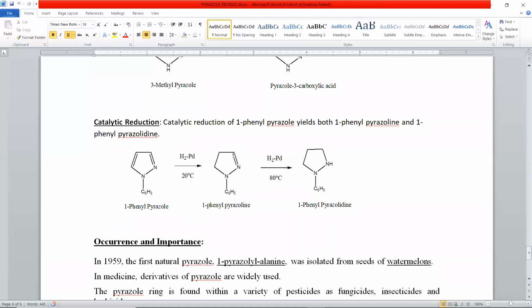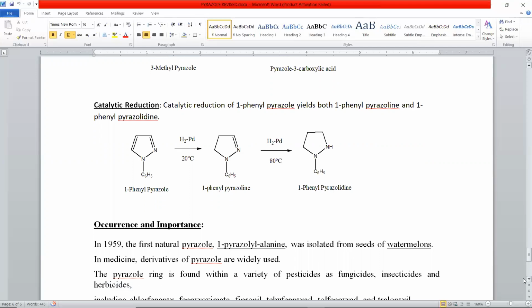On further reduction at 80 degrees centigrade with hydrogen and palladium, it results in the formation of 1-phenyl pyrazolidine. So the other double bond is also hydrogenated. So this is a completely hydrogenated pyrazole ring system. These are some important reactions of pyrazoles.